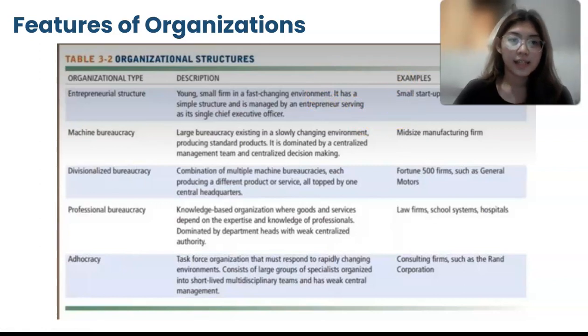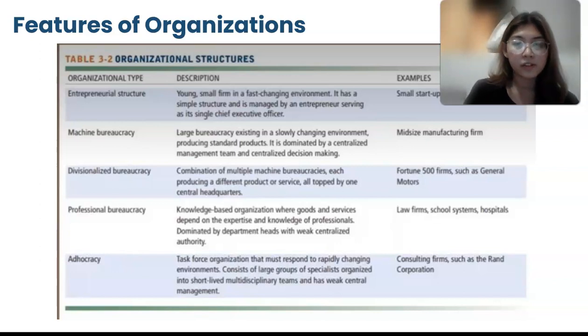Third organizational type is the divisional bureaucracy. It is a combination of multiple machine bureaucracies, each producing a different product or service, all tapped by one central headquarters. Example of this is Fortune 500 firms or General Motors. Next organizational type is professional bureaucracy.